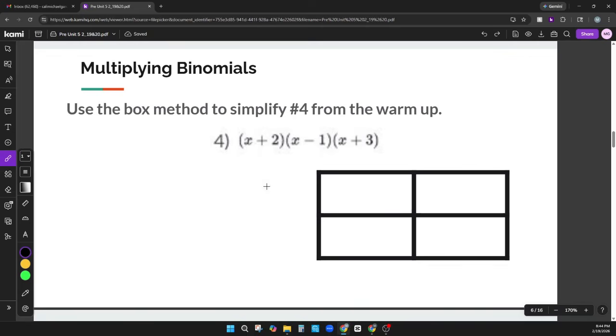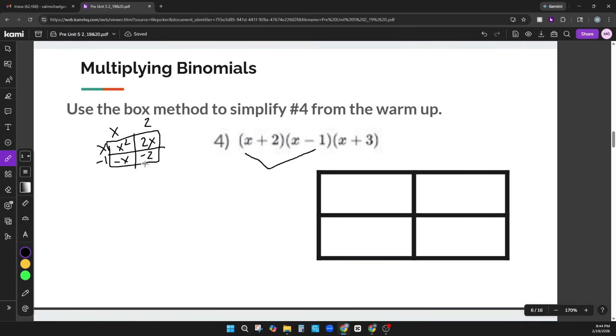So our first move is going to be multiplying our first two parentheses. I'm going to make my boxes over here. Call this the little box for right now. We're going to populate the outside with x and 2, x and -1. This becomes x squared, 2x, -x, and -2.